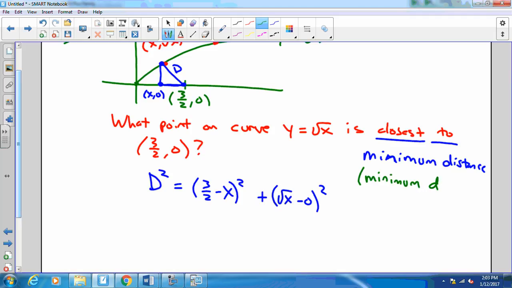So, to minimize distance, the indicated procedure is to minimize the square of the distance. Not that those two are exactly the same, but the solution to this problem will be the same as the solution to that problem.